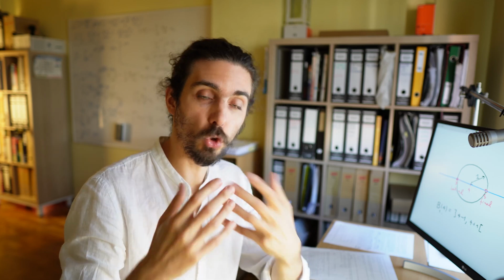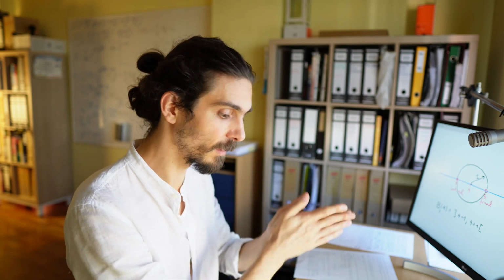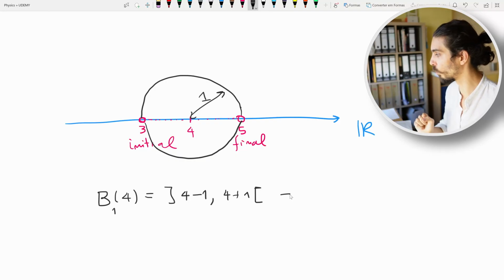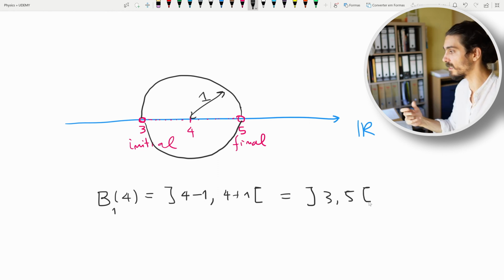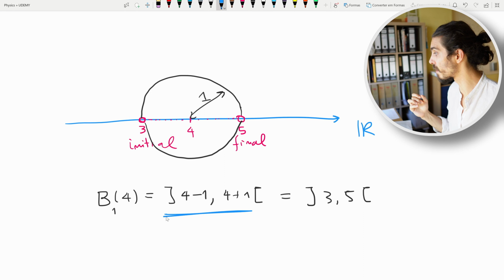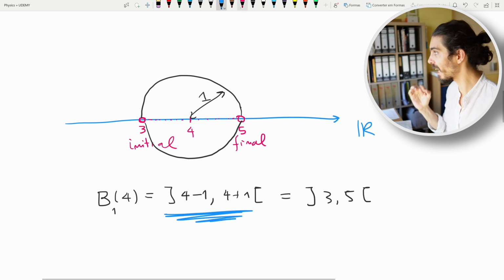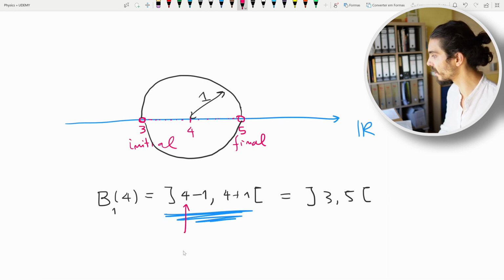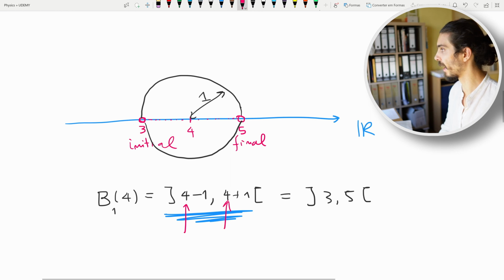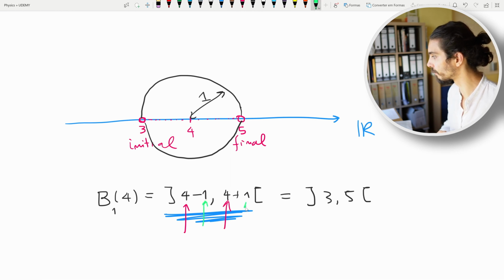Because soon I'm going to act with the functions s, c, l, and r, and it will be useful to track the middle point, where it goes. So I'm going to explicitly write the set which was from 3 to 5 in this manner, because this emphasizes the middle point here and the radius here.